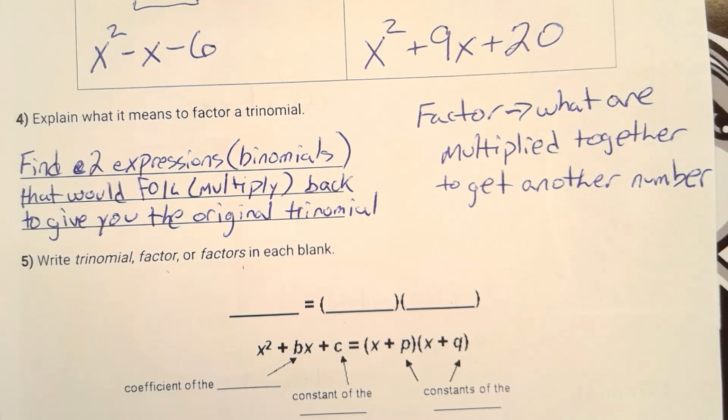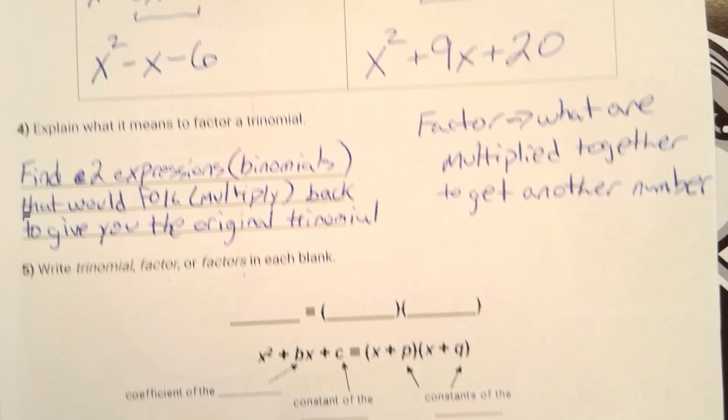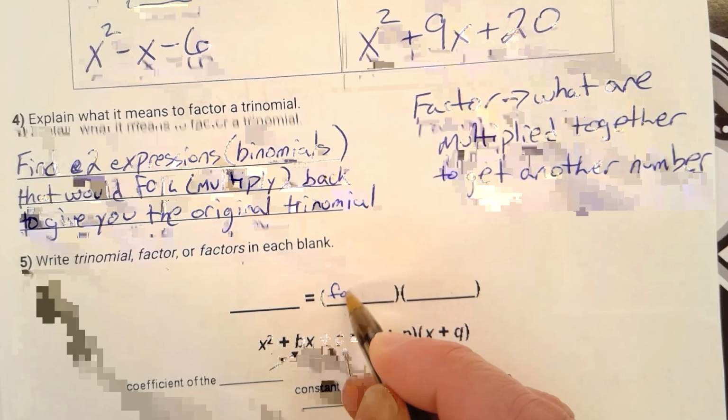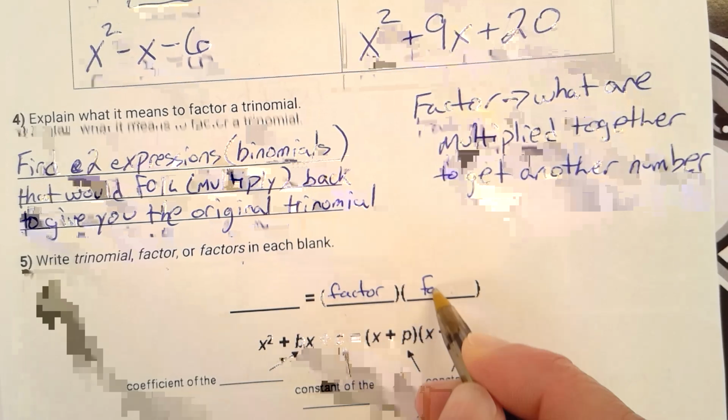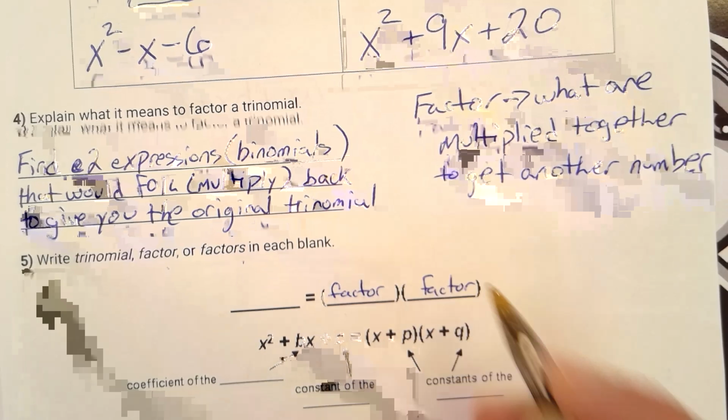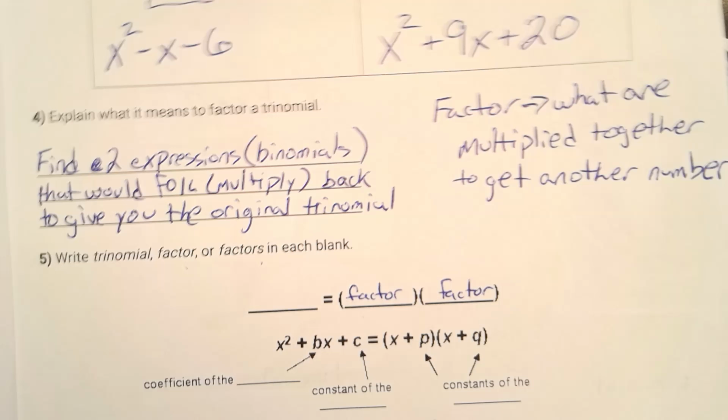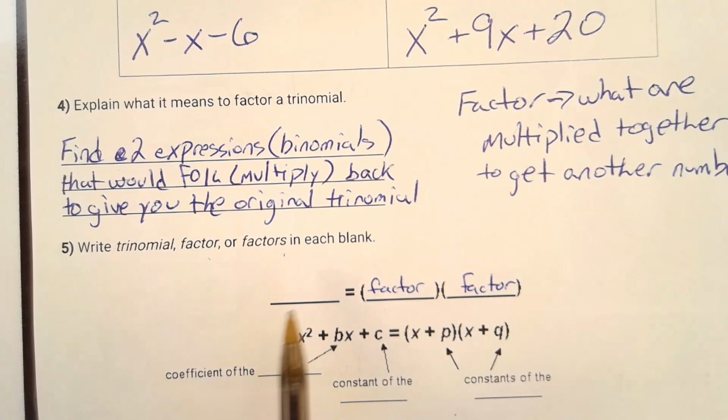Yeah, these are going to be factors, and so we'll just say factor, factor. And then what would we be starting with if we're factoring? Yeah, it's going to be a trinomial here.